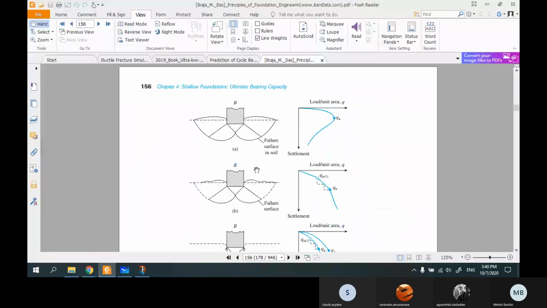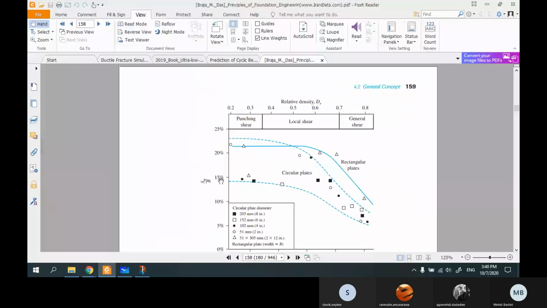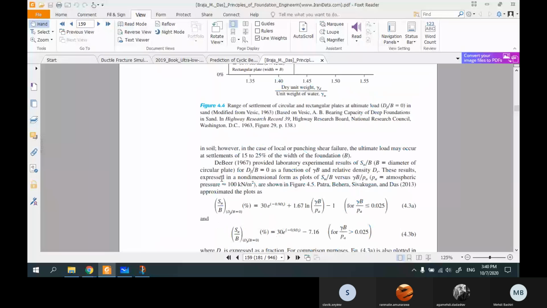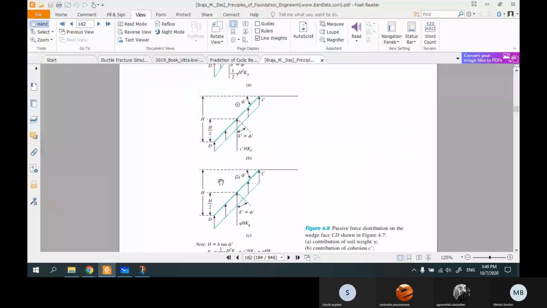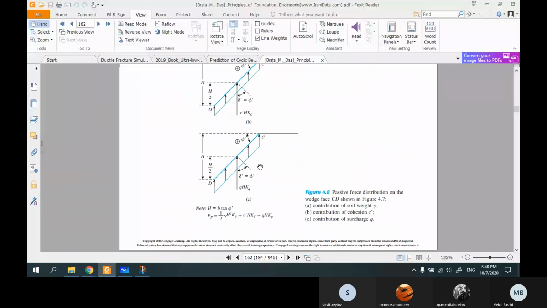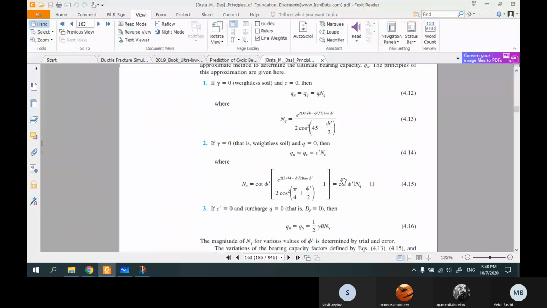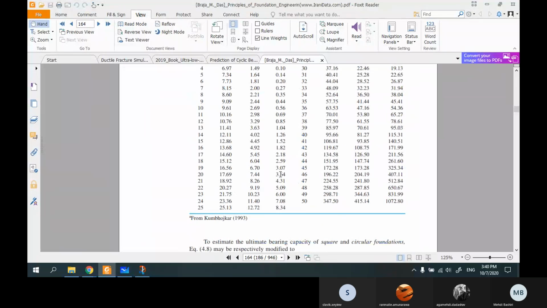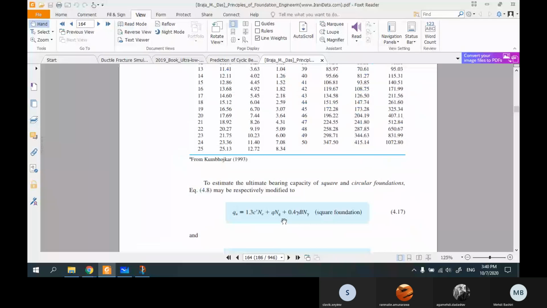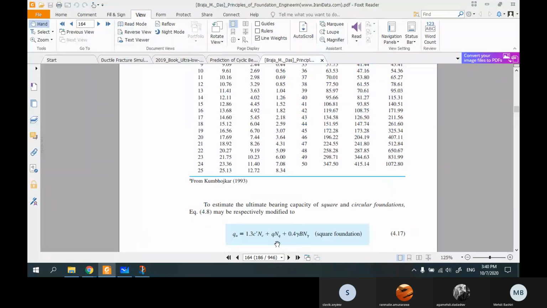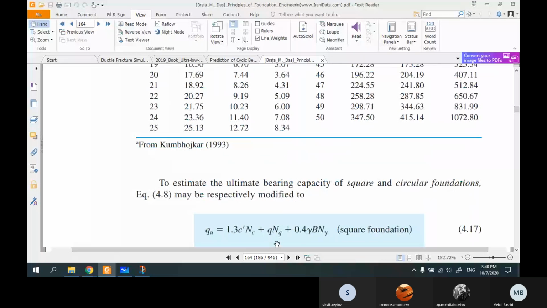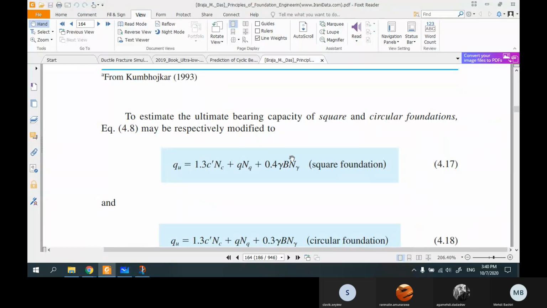You have relations. In soil engineering, you have thousands of formulations. You have to follow, for example, this formula, and if you use these formulations, you'll find the capacity. In some cases you have to use this one, and by using it you can get your capacity.